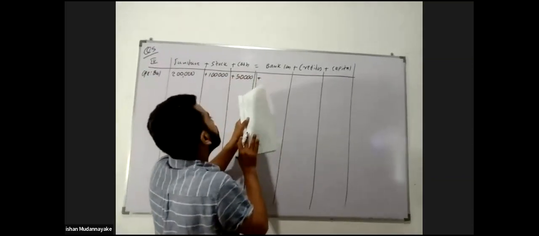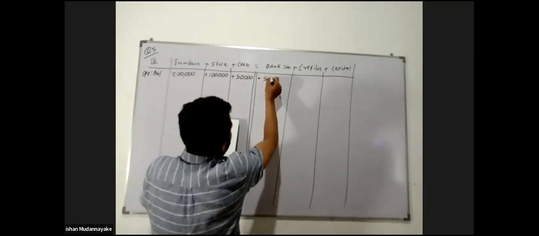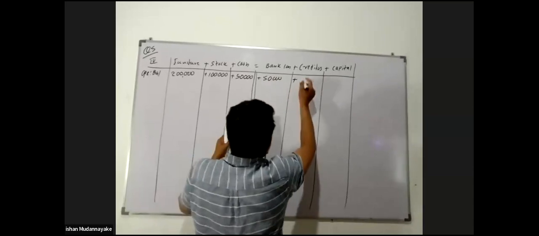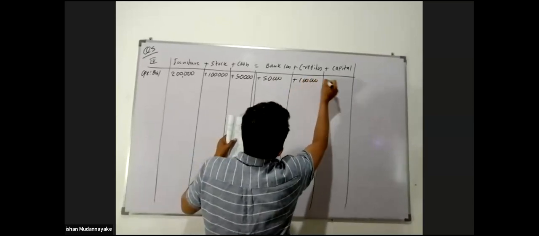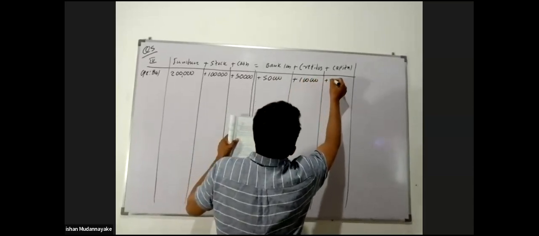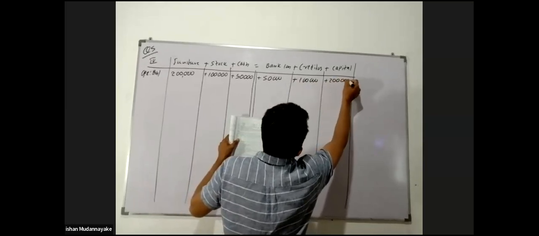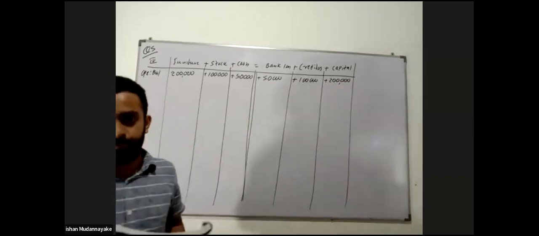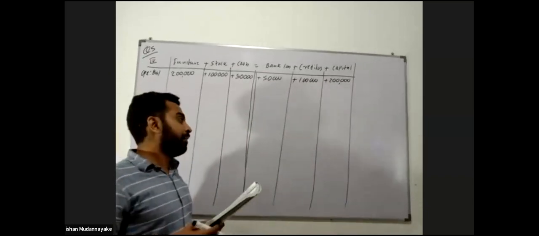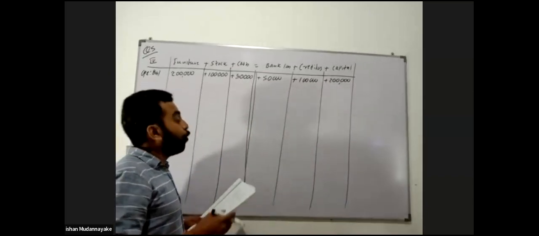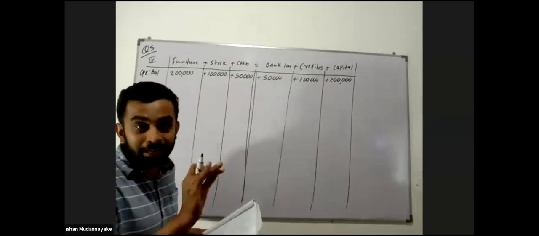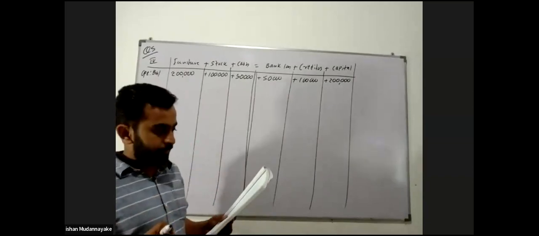Bank loan 50,000. Creditors 100,000. Capital 200,000. Opening balances should be equal. When you prepare the accounting equation, opening balances should be equal. If opening balance is not equal, you can't balance the accounting equation.